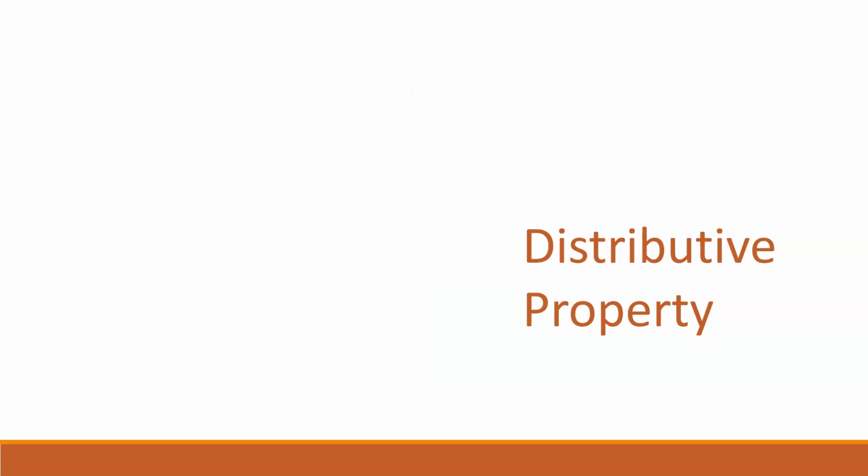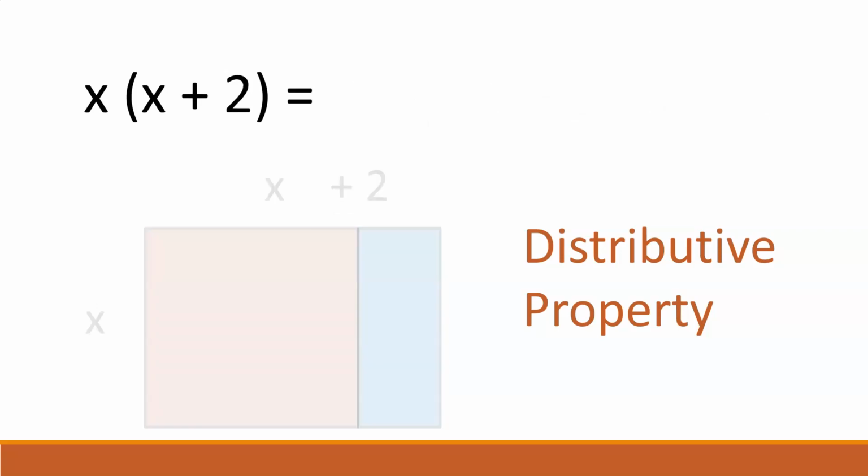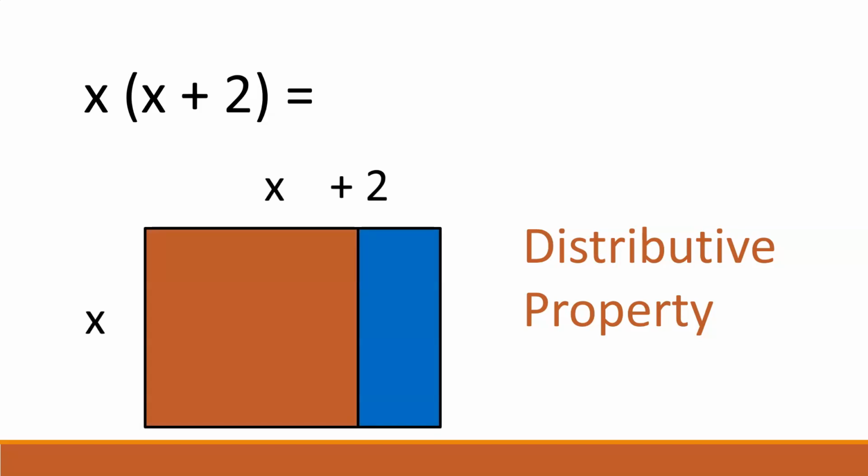One last example. What if we have x times the quantity x plus 2? We have variables in both dimensions of our rectangle. It's still the distributive property. We have a rectangle that measures x in one dimension and x plus 2 in the other dimension.